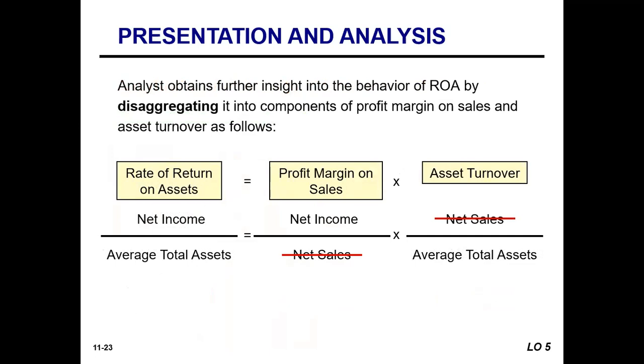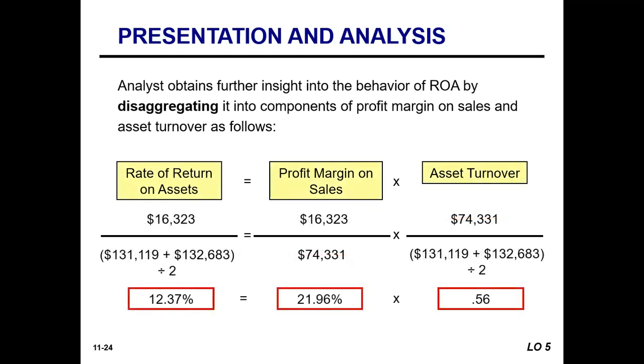And you see, because we have net sales as the denominator in one of those, net sales as the numerator in the other, those two cancel each other out. And we end up with net income divided by average total assets. And so here it shows our numbers plugged in like we've already calculated.